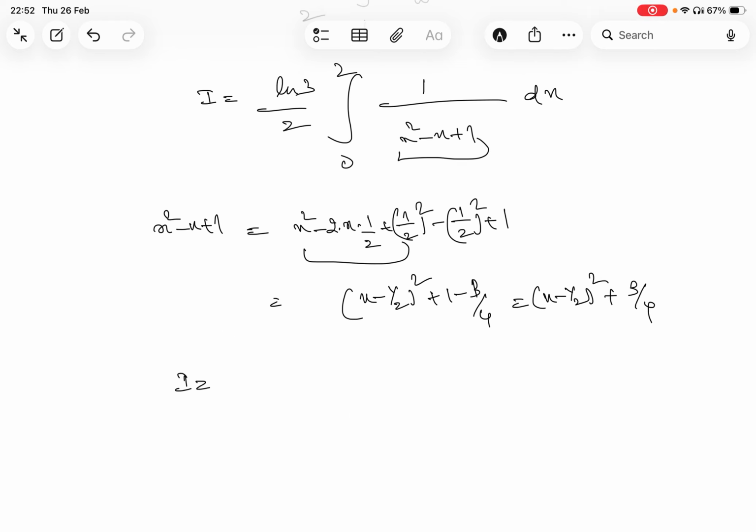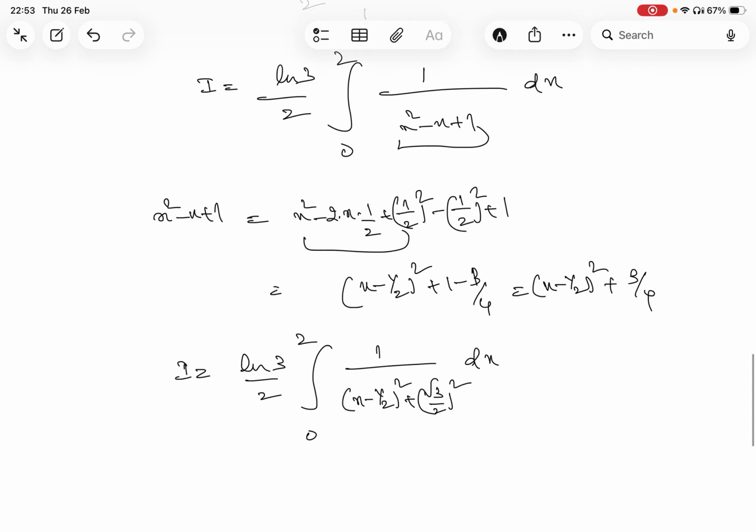Now you can write I as ln 3 by 2 into the integral from 0 to 2 of 1 by x minus half whole square plus, let's write it in square form, root 3 by 2 whole square into dx.